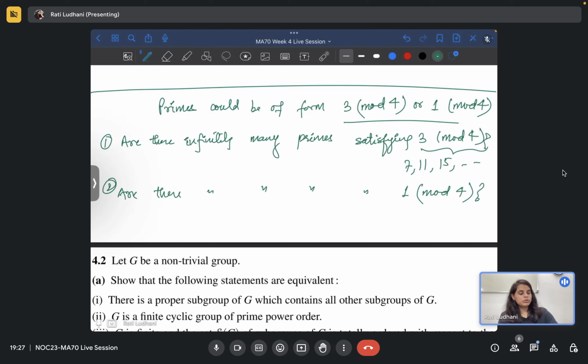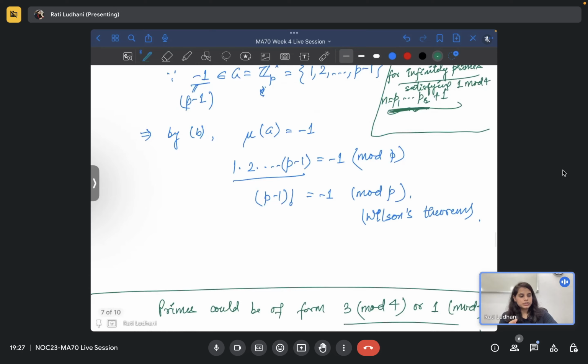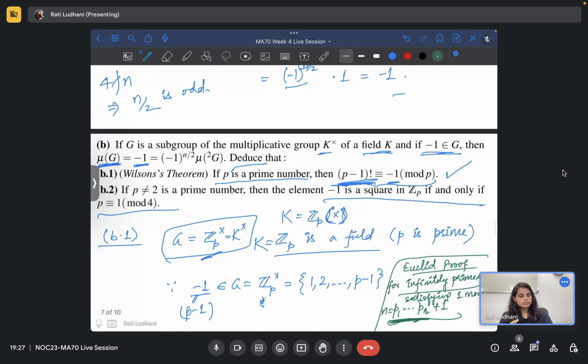So think about proving it using Euclid's idea, proving that there are infinitely many primes of both types. But one of them is a little bit trickier, and it actually uses part 2, which I am going to prove now.